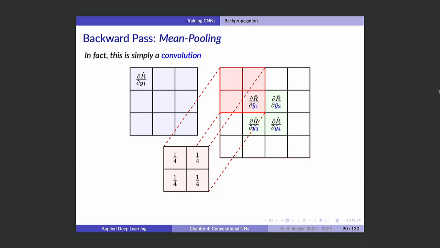Everybody's clear? Now, if I take this and do the convolution, what's going to happen? I convolve this filter with this zero-padded map at the output. What's going to be the first term? What is the first term when I do the convolution? 1/4 times?